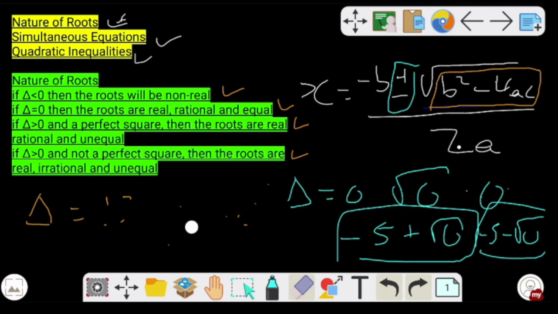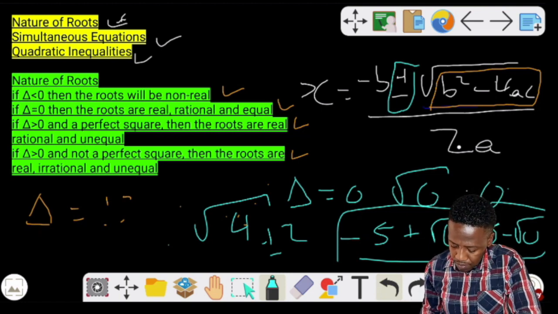Meaning, if you have a perfect square, let's say you have a 4, which is a perfect square, it's going to be 2 plus or minus any other number. If you add or minus any number, your roots will be unequal.